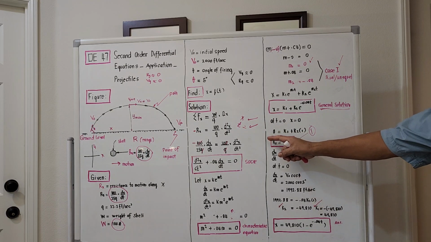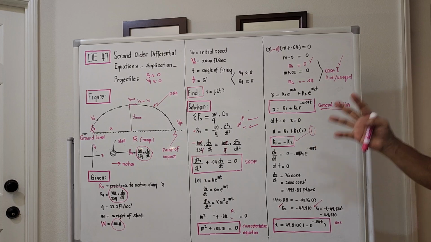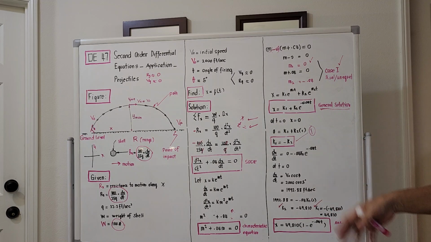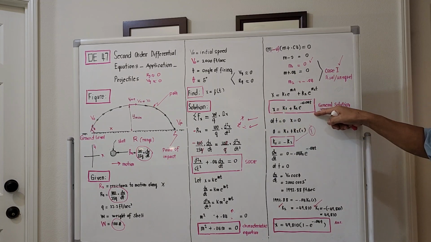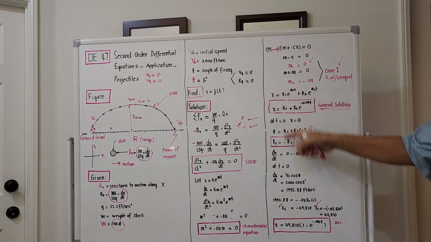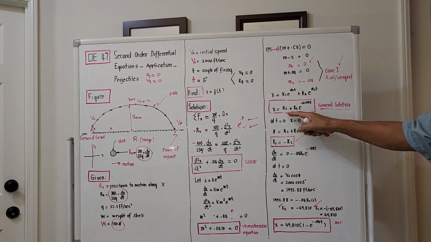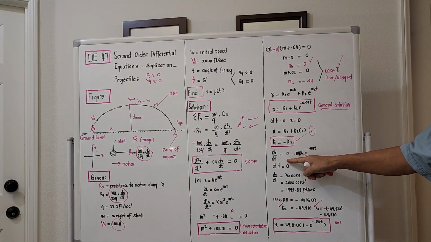So to compute for the values of k1 and k2, let's bring out another relation of k1 and k2. To do that, we will take the derivative of x. The derivative of x with respect to time will be dx/dt equal to the derivative of k1, which is 0.